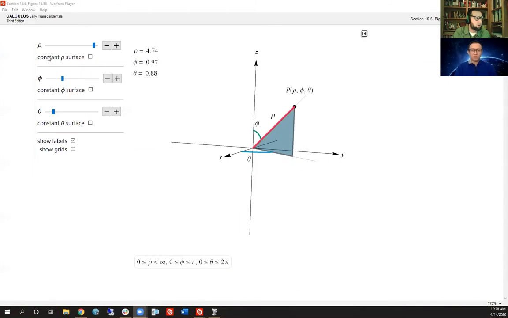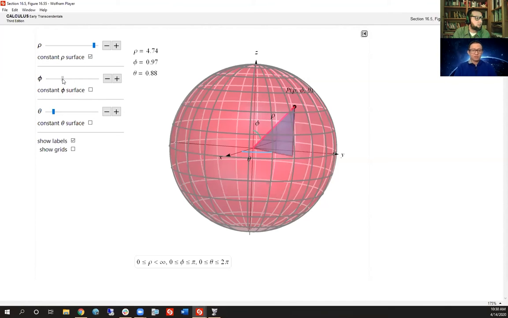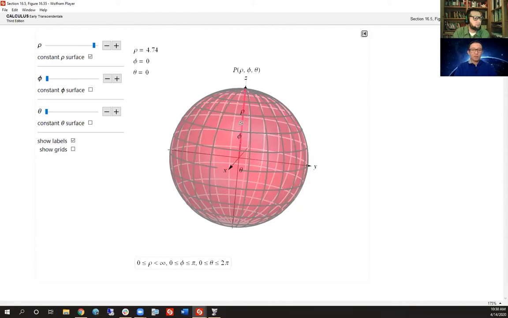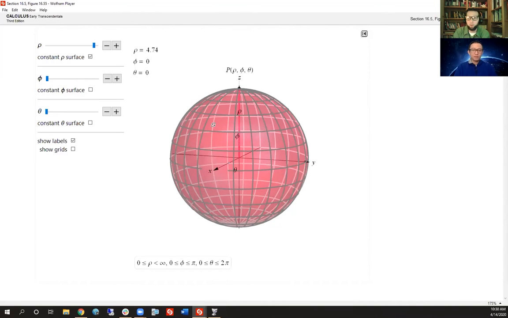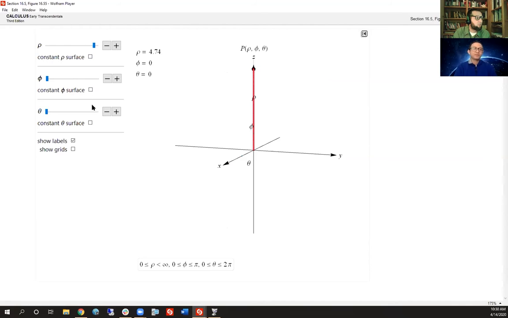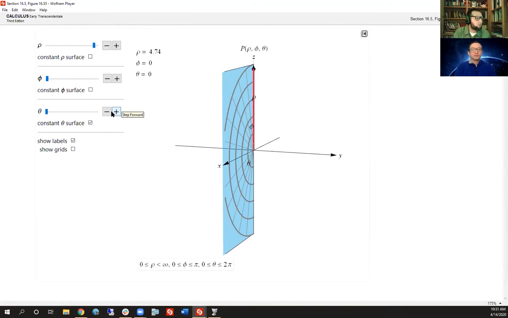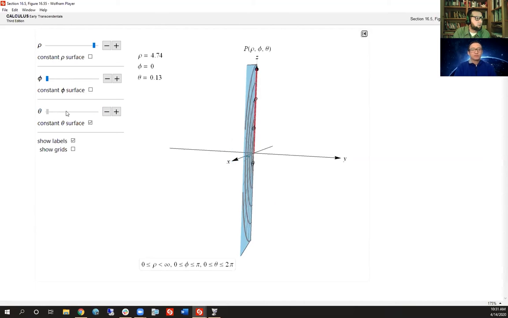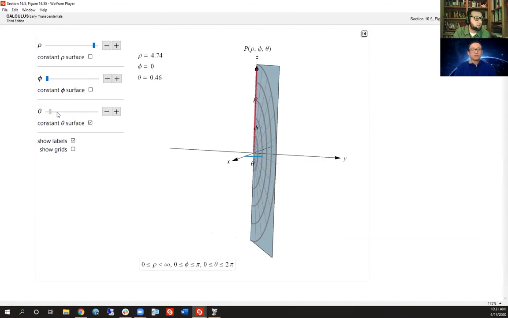So let's complete this thought on spherical coordinates and make sure that we're comfortable with what happens if the various variables are constant. So if our rho is constant, then it might shock you to realize we have a sphere. We're in spherical coordinates. Spheres are really easy to describe. If our theta is constant, we again have that half plane.